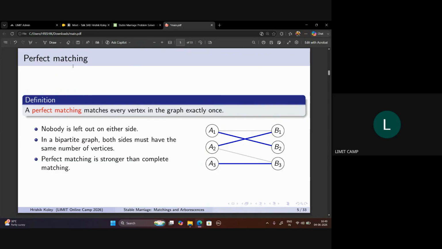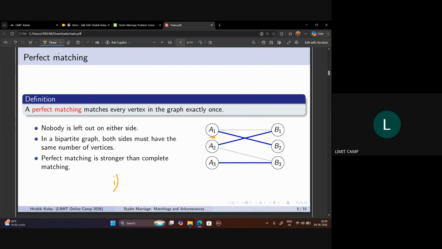Now coming to a perfect matching. A perfect matching is one in which every vertex in the graph belongs to exactly one edge. I'll start with this: every vertex in the graph does not belong to more than one edge.